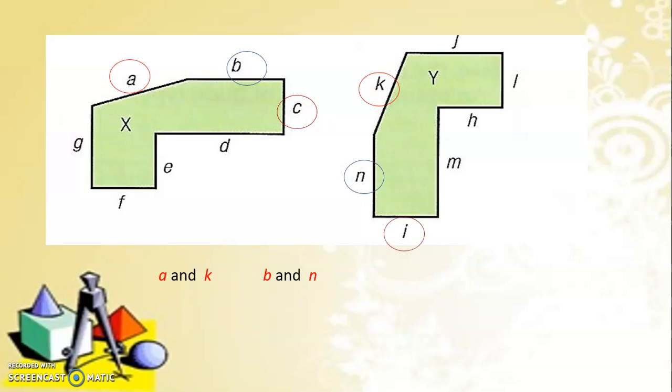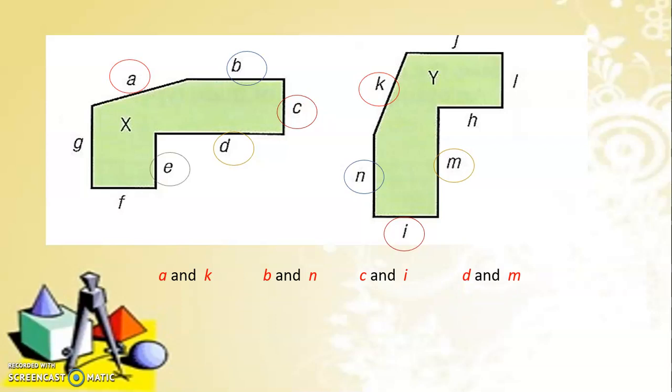So I is congruent to letter C. So we can say that C and I are congruent to each other. Next, D. Which side is congruent to letter D? M is congruent to letter D. So D and M are congruent.